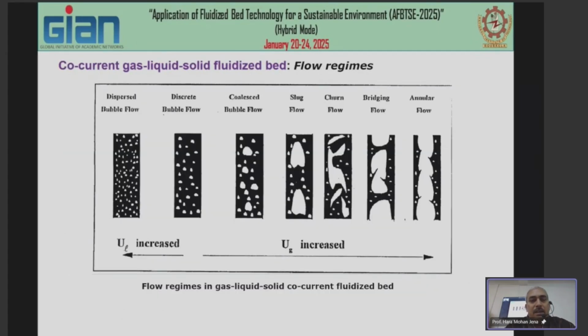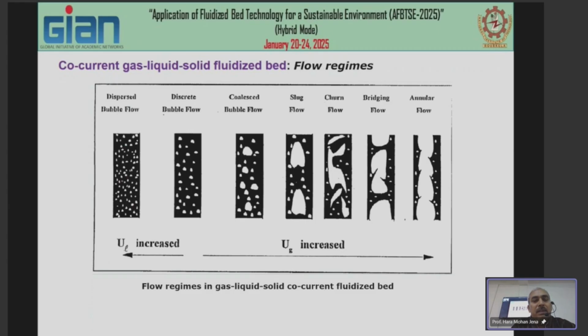Another flow regime classification is shown here graphically. To the left, high liquid velocity and low gas velocity; to the right, high gas velocity. When the gas velocity is low and the liquid velocity is high, you get dispersed bubble flow.